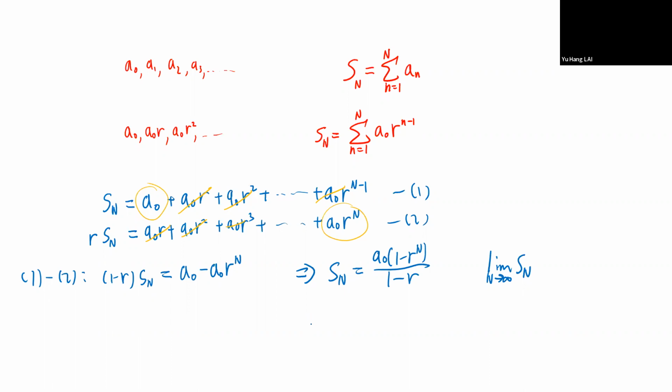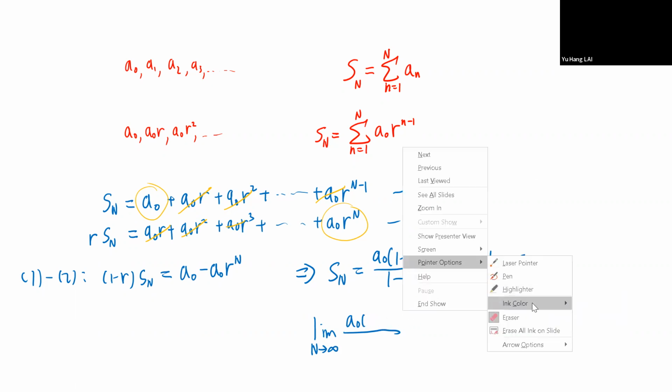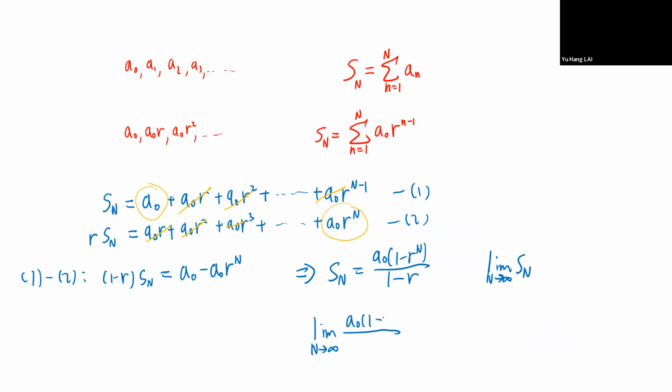If I am going to take the limit of this, what you only need to worry about is the r to the n term. As n tends to infinity, what is r to the n? There are two cases.